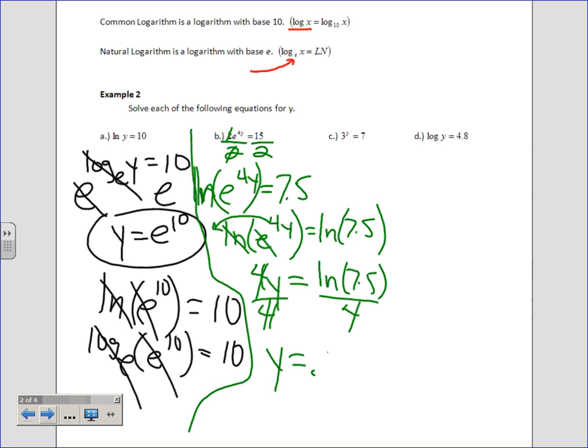Here's what I got. 0.5037 is what I got. Yes, make sure that you do, because natural log gives you a parenthesis, make sure you close them off. And then divide by 4. Okay?